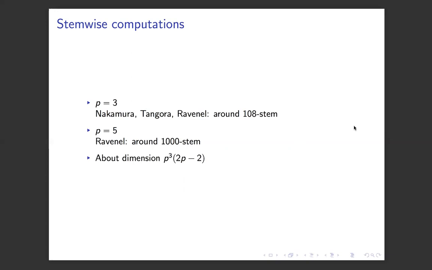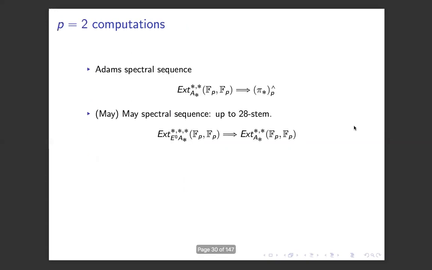Okay, so what about prime 2? As I mentioned, at all primes, the Adams-Novikov is a more efficient tool. And at prime 2, the Adams spectral sequence turns out to be more useful nowadays. For any spectral sequence, such as the Adams spectral sequence, there are always 3 problems to ask.